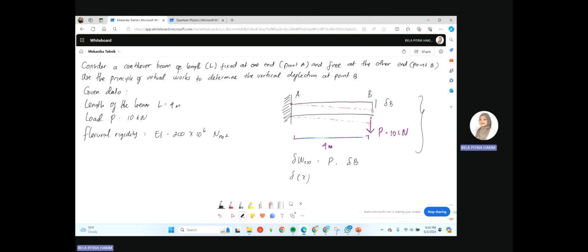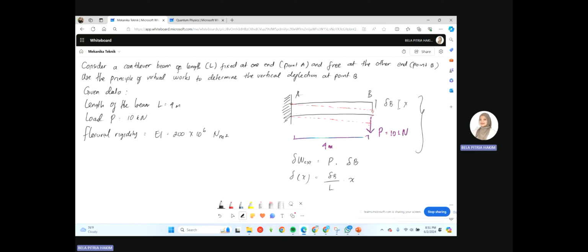The displacement is equal to delta B per L times x, because there is also a distance for the movement from here to here. We don't know the distance, so we call it x.